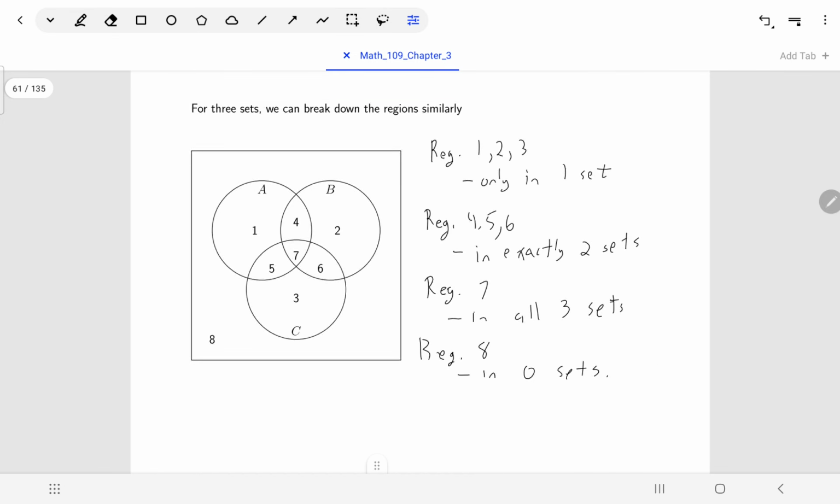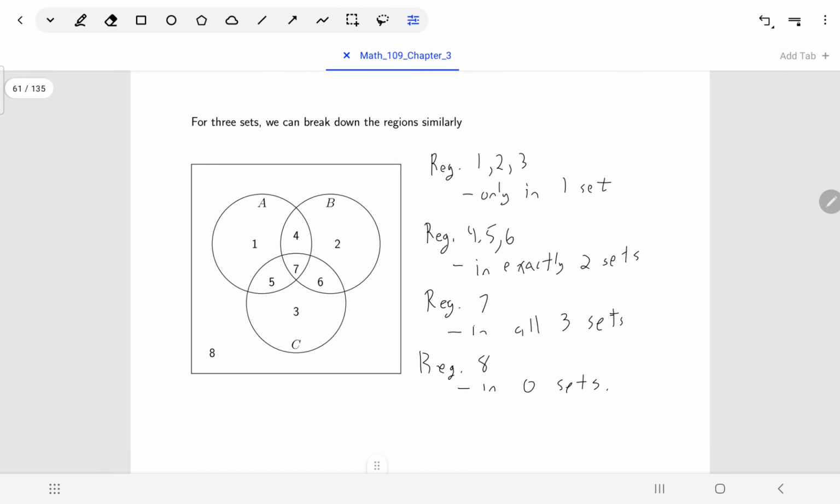So depending on what we're looking for, our answer can be found in one of those 8 regions, or maybe more of those 8 regions. But same sort of idea as to working with the Venn diagram. We're going to first decide who is A, who is B, who is C, write out all of our information, and then fill in our Venn diagram, working our way from inside to outside.